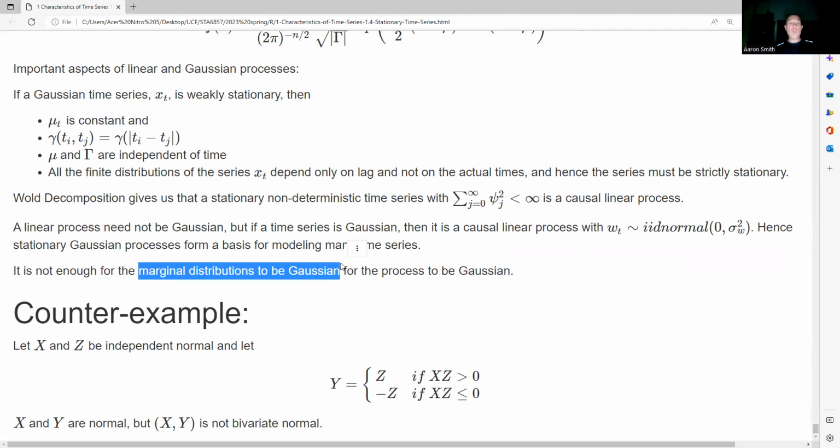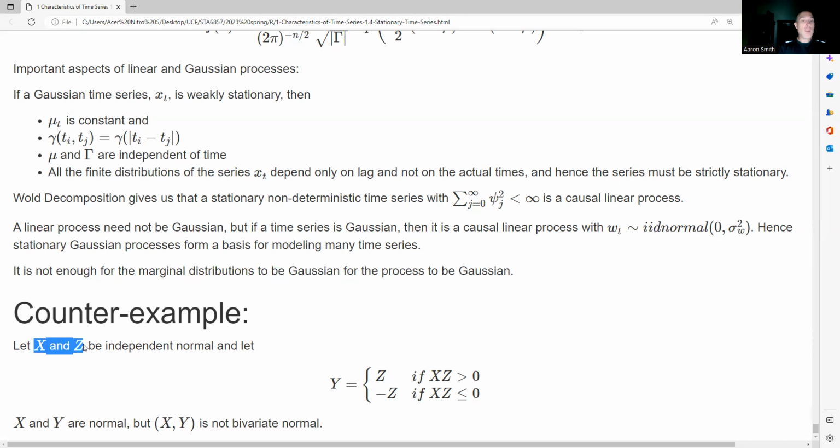It's possible to consider one dimension at a time, but the whole thing is not multivariate normal. Here's a counterexample. Let's say that x and z are independent normal random variables, and we let y equal z if x times z is positive and negative z if x times z is negative. Then X and Y are both marginally normal, but the combination of the two is not bivariate normal.